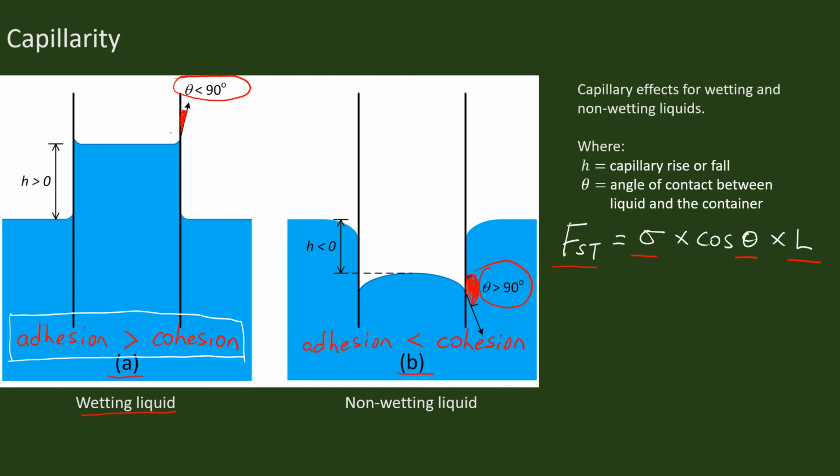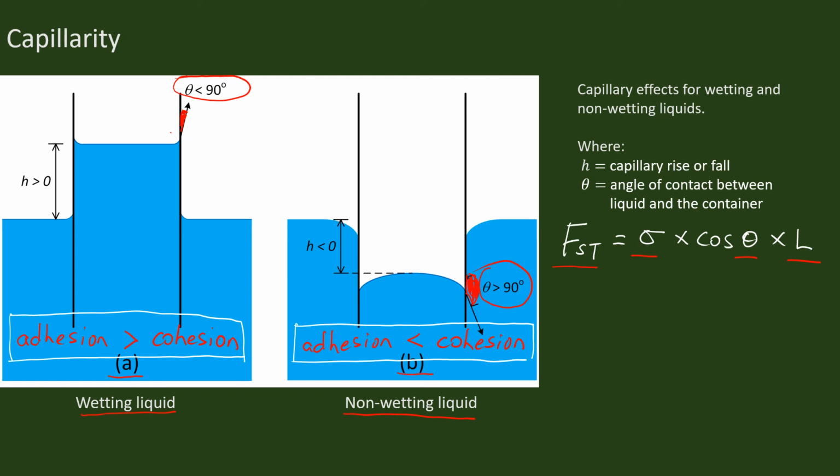The opposite happens for the non-wetting liquid, where the adhesion force between the liquid and the container's molecules is smaller than the force of cohesion between the liquid's own molecules. So here the adhesion is smaller than the cohesion for the non-wetting liquid.